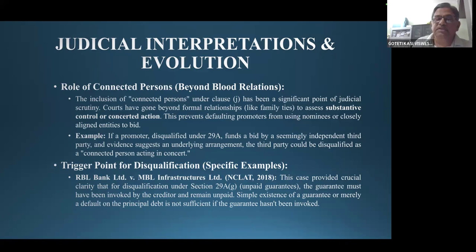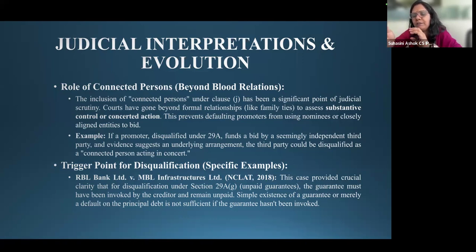I think it has to be restricted to 1 or 2 layers. Otherwise, a stage will come where there will not be any SRA to submit plans. Sir, but again, what happens is, through connected persons, the promoters will submit. Usually all promoters will have connected persons, connected companies.